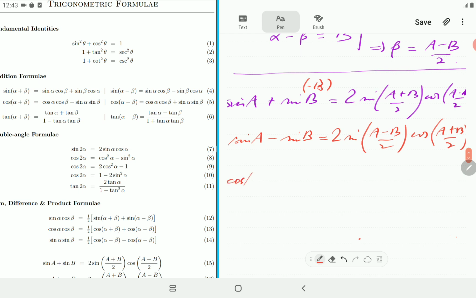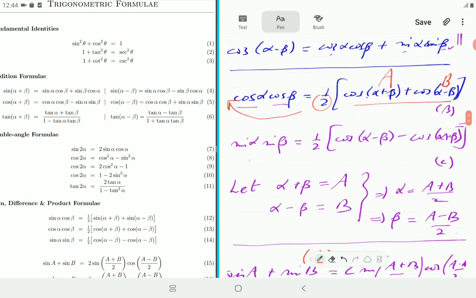So we're going to have cosine A plus cosine B is 2 times cosine (A plus B) over 2 cosine (A minus B) over 2. And then we do the same thing to this formula here. So this time we're going to have cosine B minus cosine A.